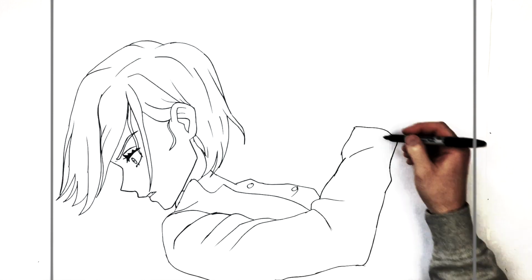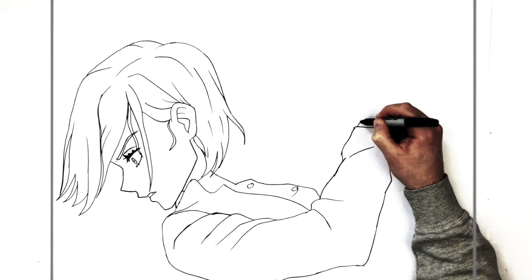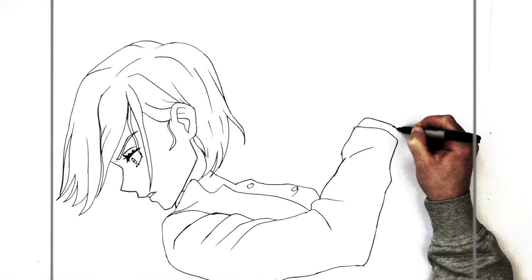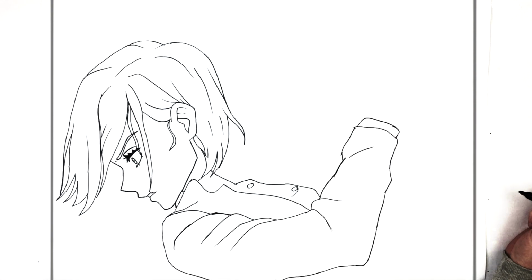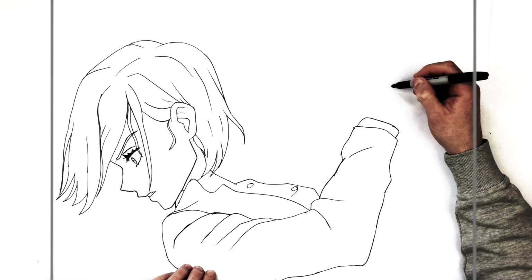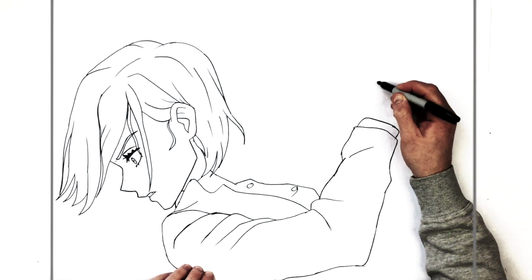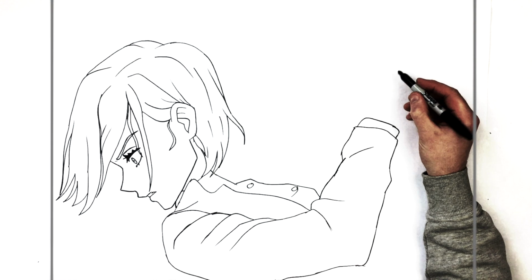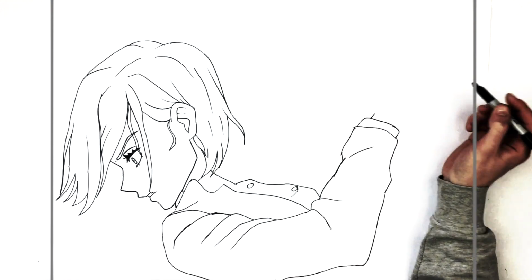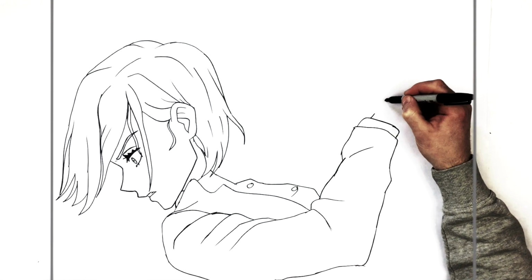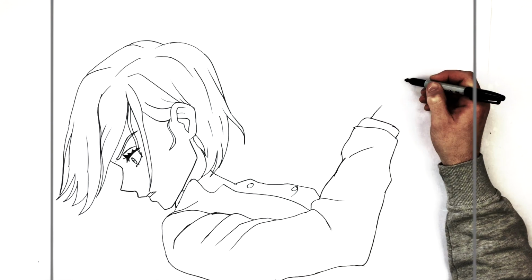Right, let's see. Right, so we'll get this hand done, so we have something to work off. So, sleeve of her clothing there. And then this hand is holding the hammer, right? So it comes out here. And then we go up.